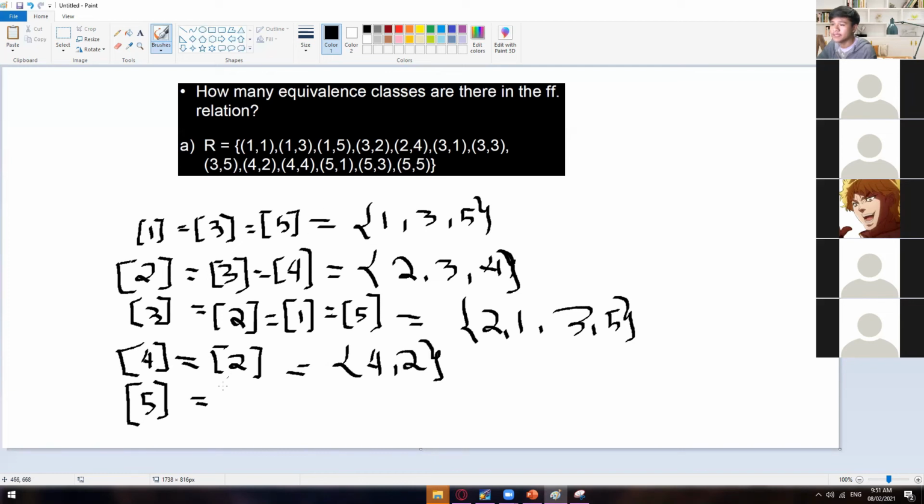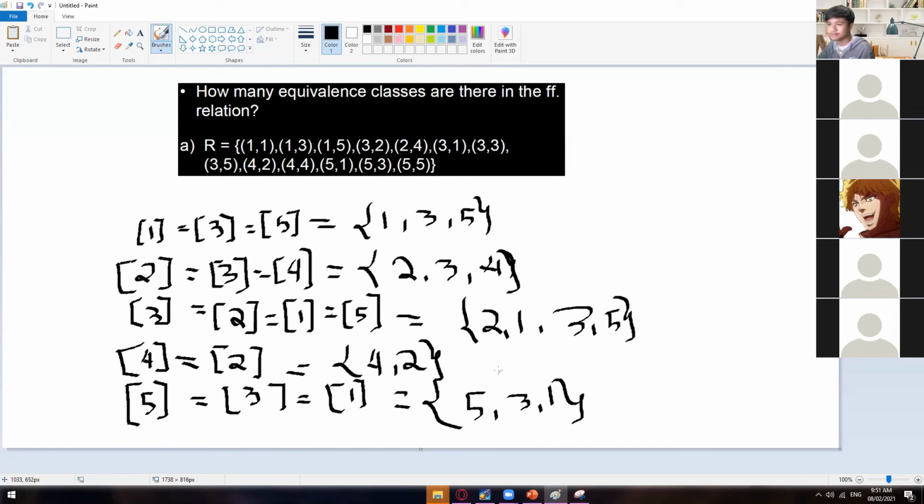So 5 is related with 3. 5 is also related with 1. What else? Do we have 5, 2? No. 5, 4? No. That's it. So from here, this is again another class which is composed of elements 5, 3, and 1.